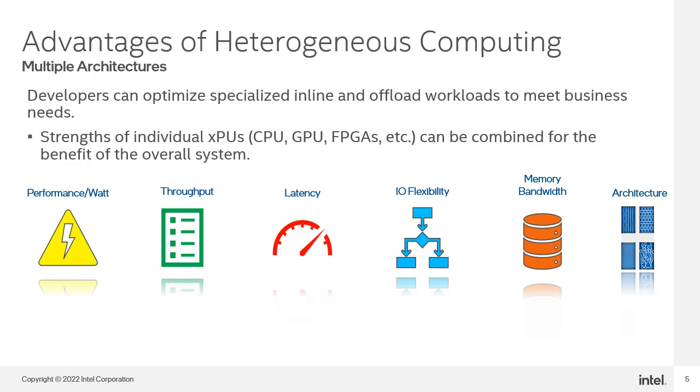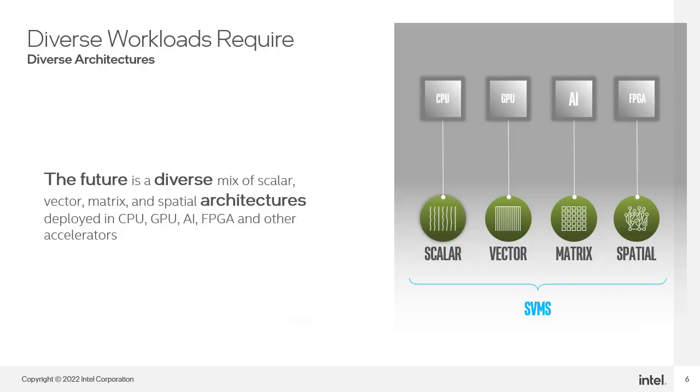The advent of heterogeneous computing gives developers the ability to optimize, specialize, inline, and offload workloads to meet various business needs. Workload diversity continues to grow, with more and more demand for hardware that can handle the diversity. However, no single architecture is best for every workload.